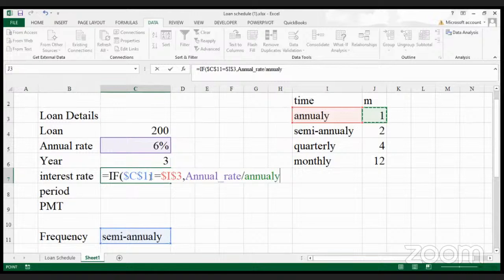So if our frequency here is equal to annually, then we are going to take annual rate divided by annually, comma, that one is done.